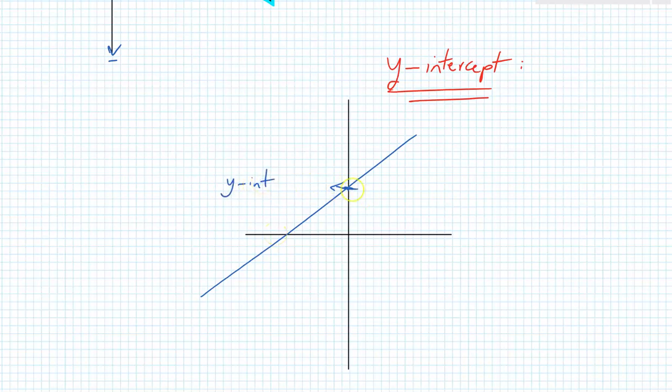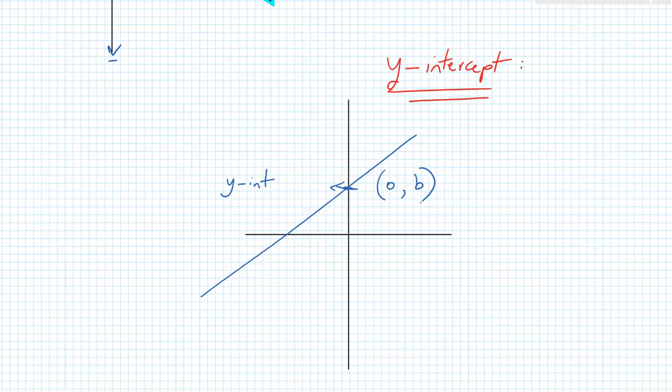The y-intercept always has an x coordinate of 0 and a y coordinate of whatever it is. In this case, let's call that b, whatever that value is. The y-intercept is where the line crosses the y-axis.